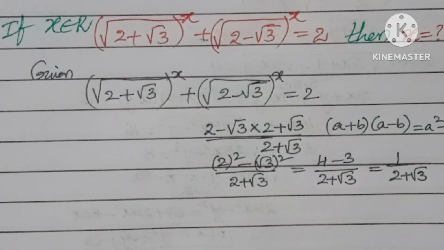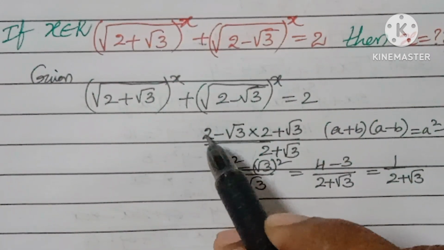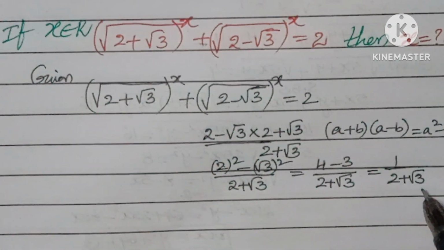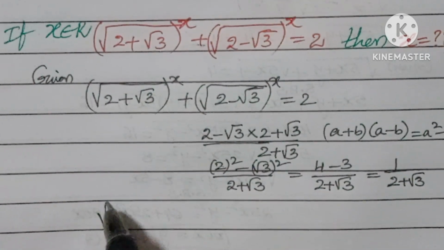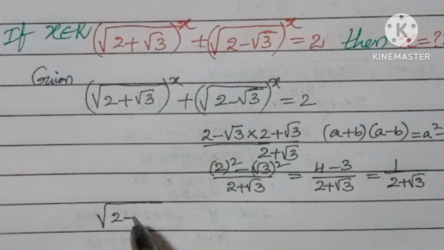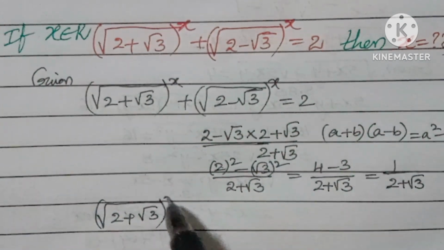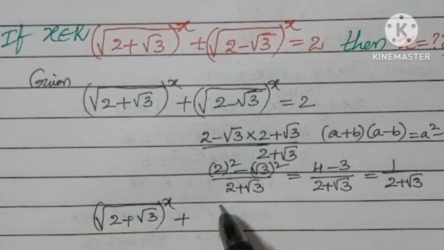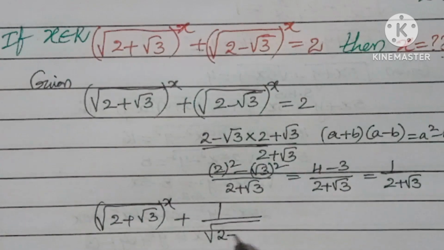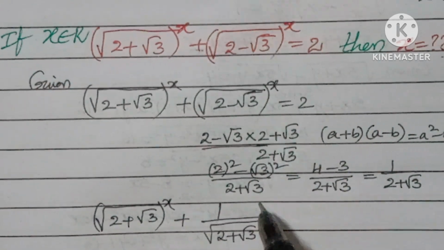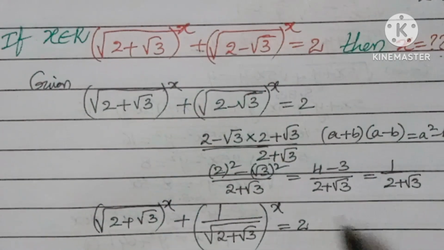Now the value of 2 minus root 3 is 1 by 2 plus root 3. Now I replace that value in the given equation. (Square root of 2 plus root 3) to the power of x plus 1 by (square root of 2 plus root 3) to the power of x is equal to 2.